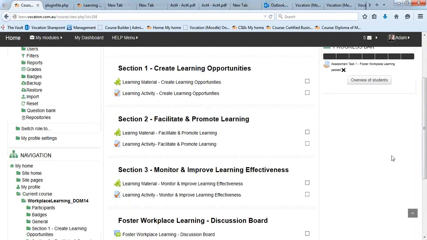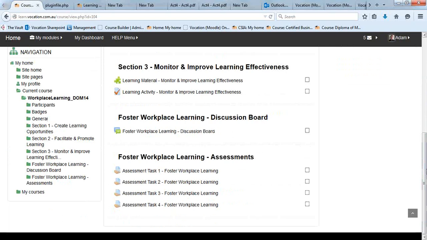We'll send out a schedule of these sessions for next week, but we'll be taking through Section 2, Facilitate and Promote Learning, and Section 3, and then the following week we'll be taking through the assessments for this unit. There are 4 assessments in total for this subject, and we'll take you through all those on the 3rd and final session in 2 weeks' time. So just 3 sessions. This is part 1 of 3.